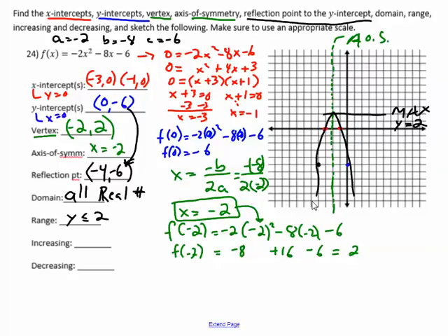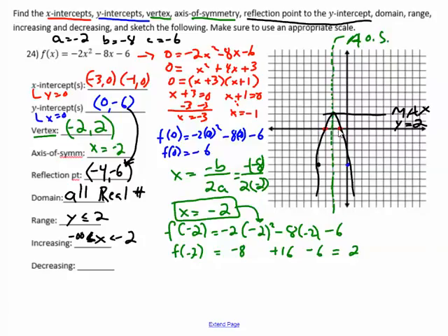Increasing all the way from x equals negative infinity all the way up to this point here. All these points is where the parabola is increasing. So x is greater than negative infinity and less than our axis of symmetry, or the vertex point right there, so negative 2.